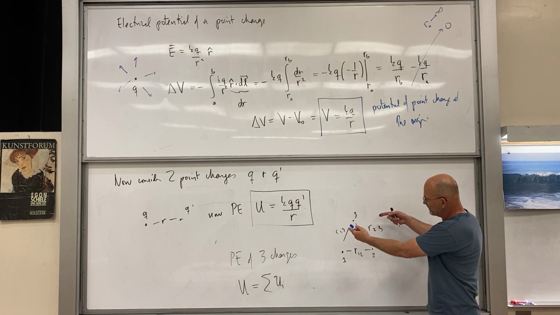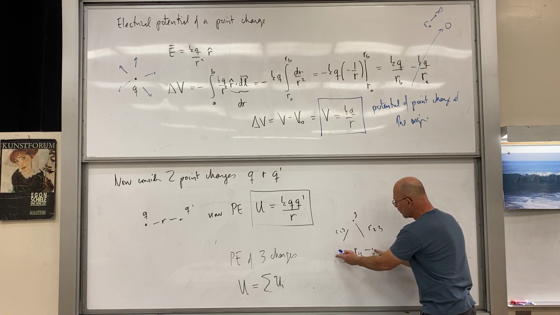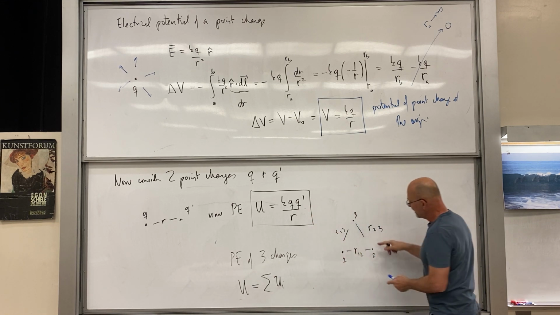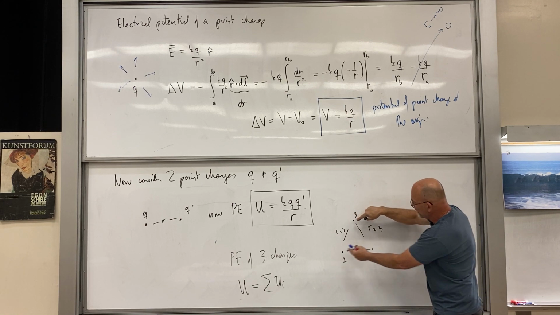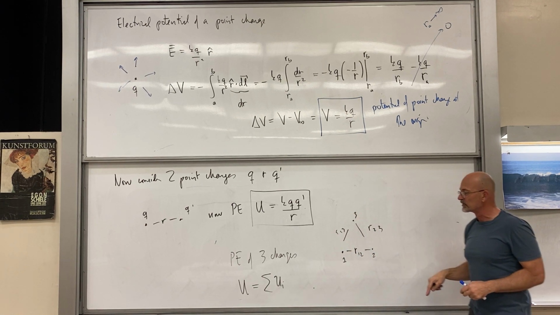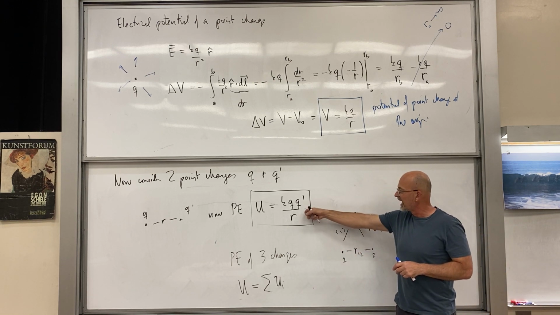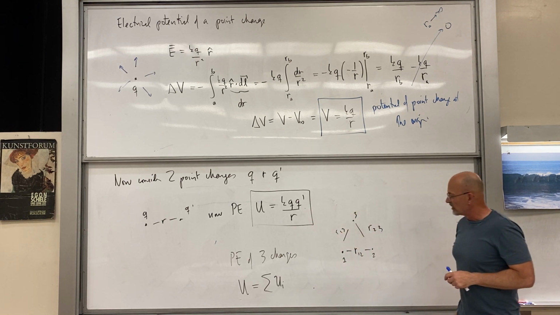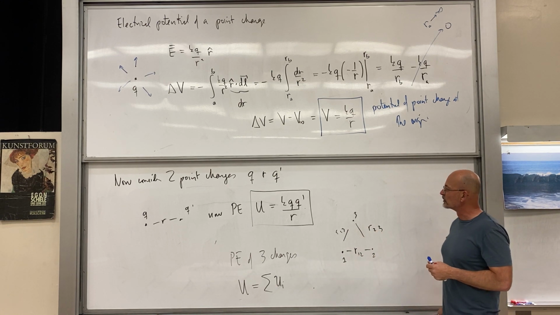In fact, this triangular configuration would start out with one of these expressions. You brought in that third charge, you would get a potential energy from these two, and a potential energy from those two. So for small collections of charges, you just add them up. Once you get more than a few, though, you're going to want to start doing integrals, which we'll do as well.